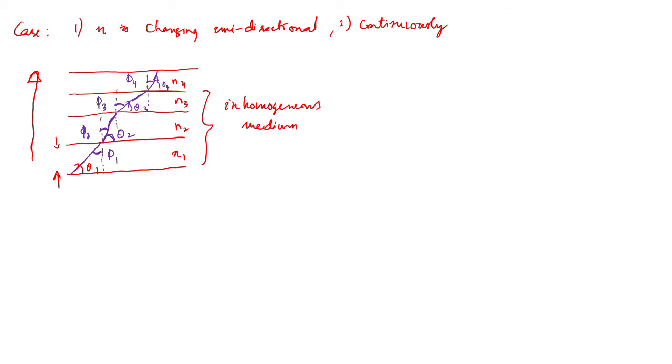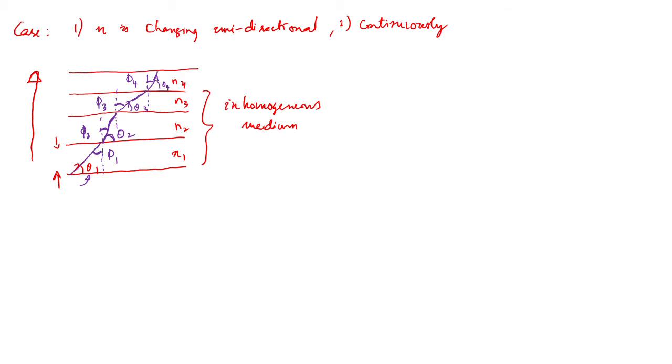So once again, we are considering a ray of light that starts out in the first layer N1 at an angle theta 1. This is not the angle of incidence. It is the angle at which the ray of light is going from, say, an object.